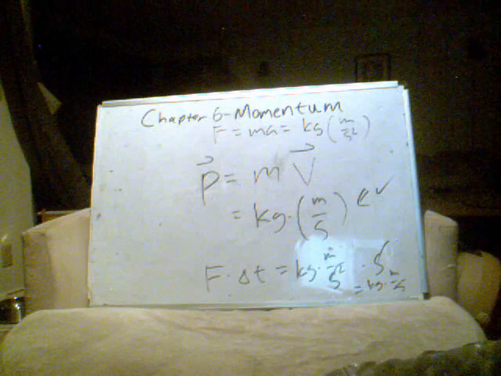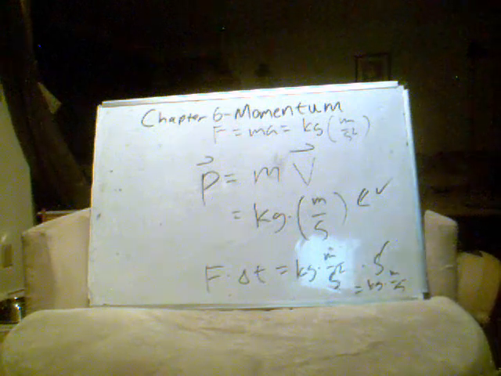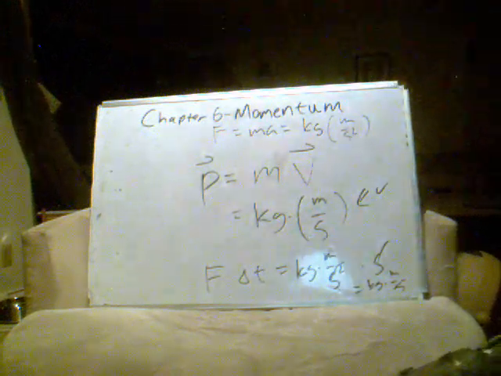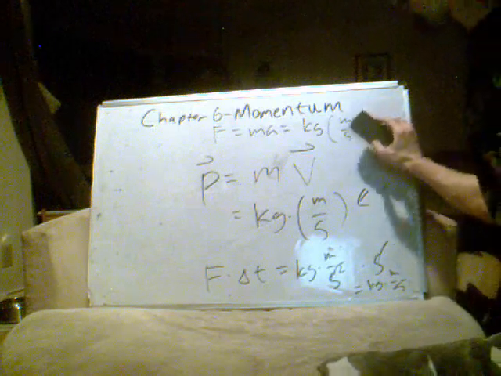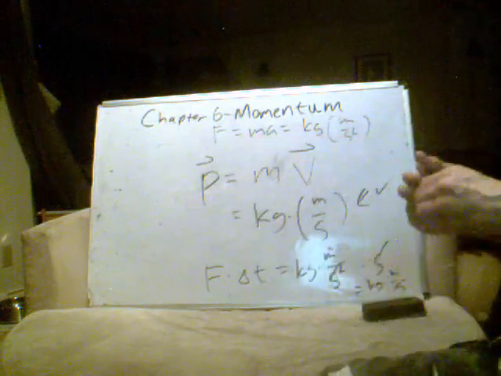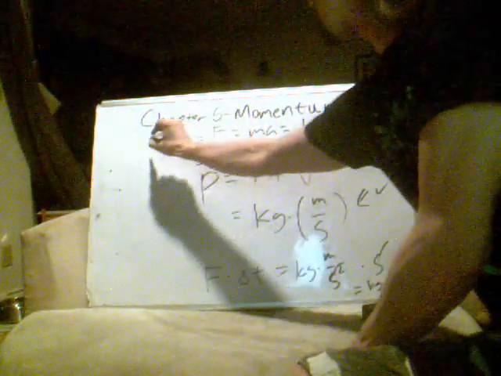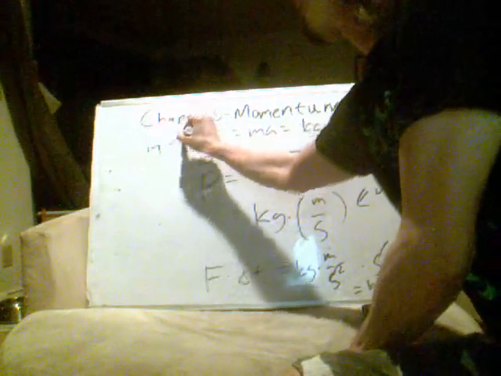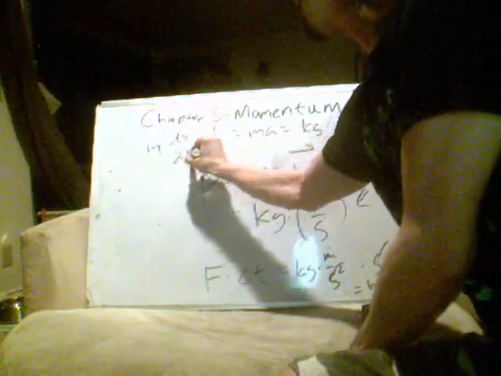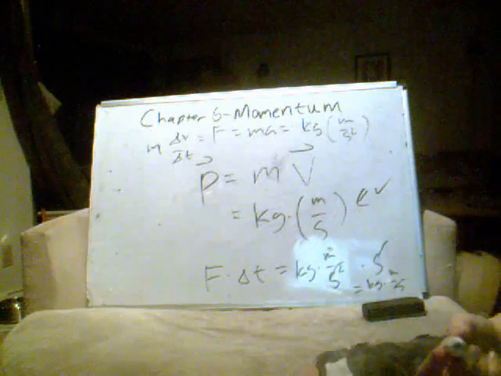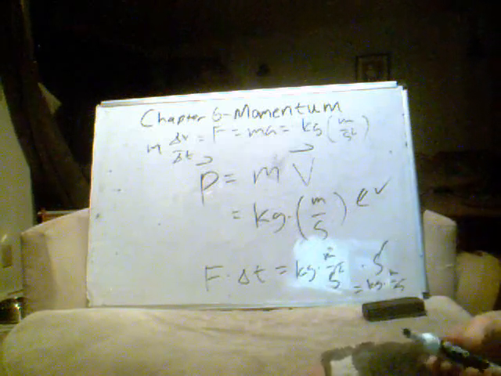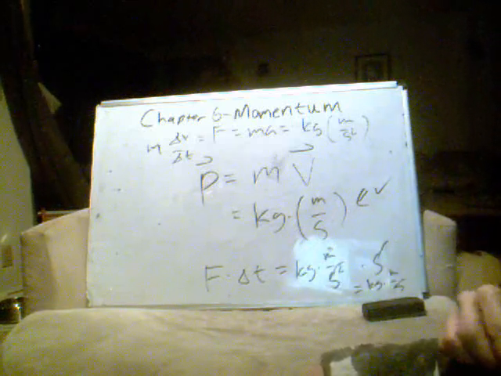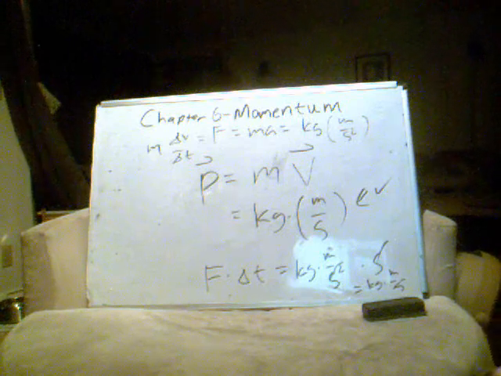As a matter of fact, the way that Newton originally wrote his second law of motion looks something like this. He didn't say F equals ma, he said F equals mass times change in velocity over change in time. Crazy, right? At any rate, we call a force applied over a time interval an impulse.